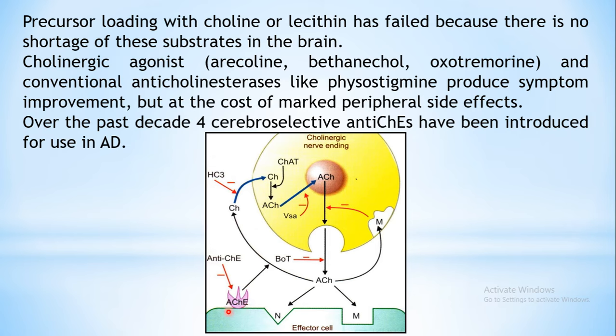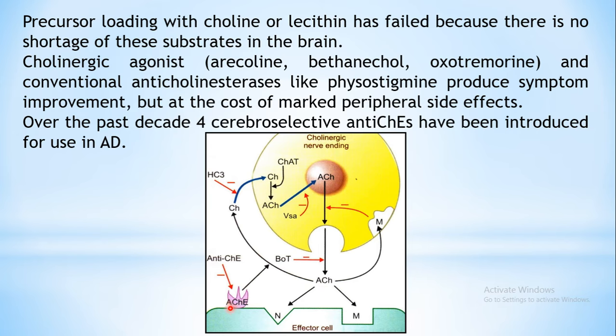One is acetylcholinesterase and the second one is butyrylcholinesterase, also known as pseudocholinesterase. The enzyme AChE, or acetylcholinesterase, is specifically responsible for the metabolism of ACH. It is selective towards the metabolism of acetylcholine, whereas butyrylcholinesterase is responsible for metabolism of other types of esters which are present in the body.